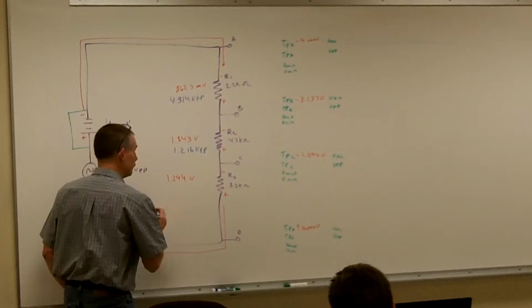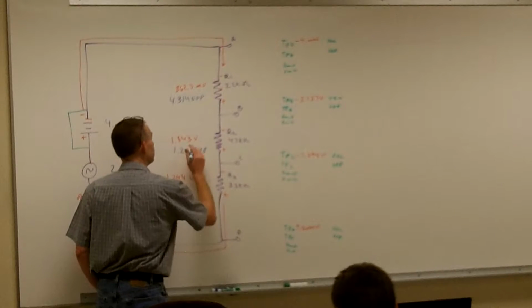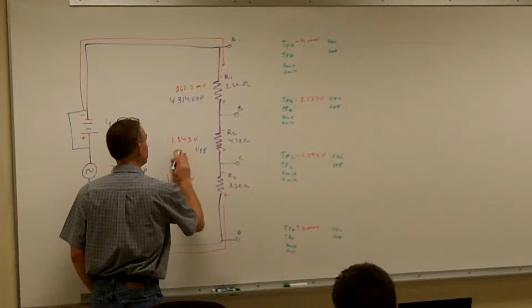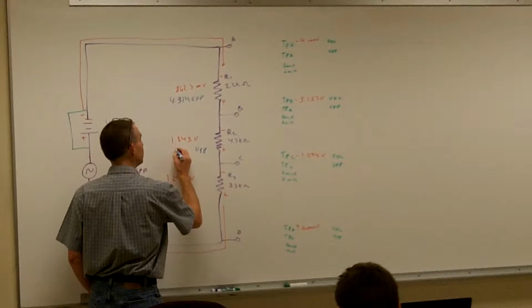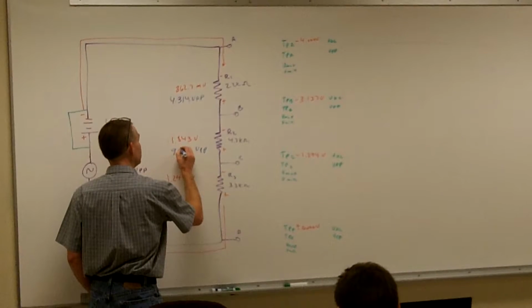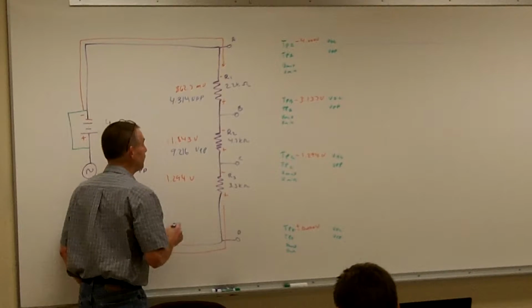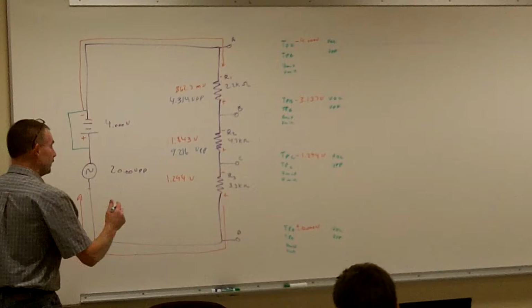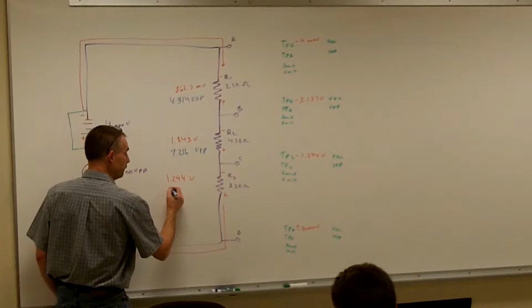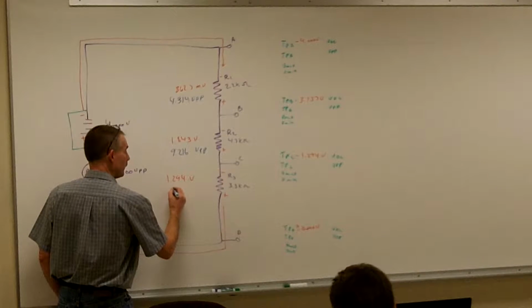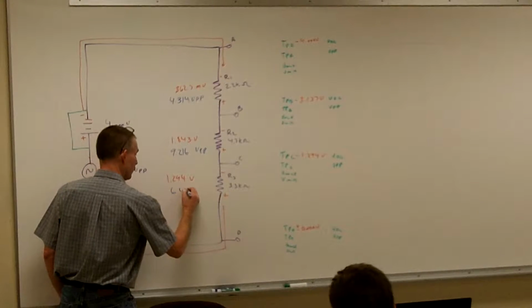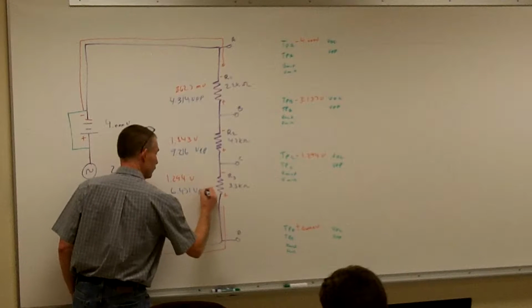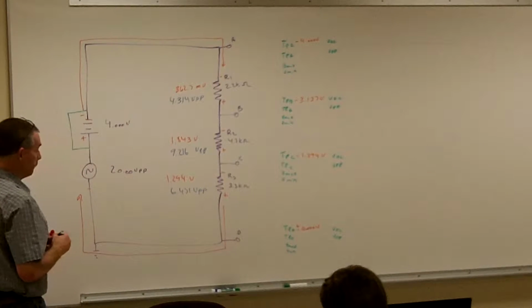Good. Using your units. All right, and then my R3? 6.471 volts peak to peak. Good.